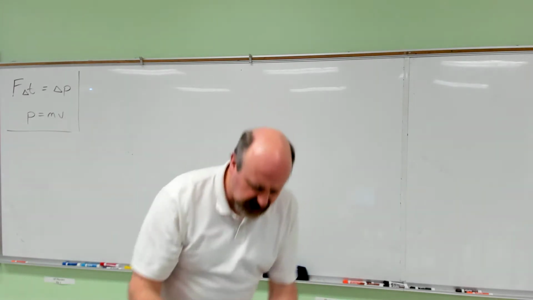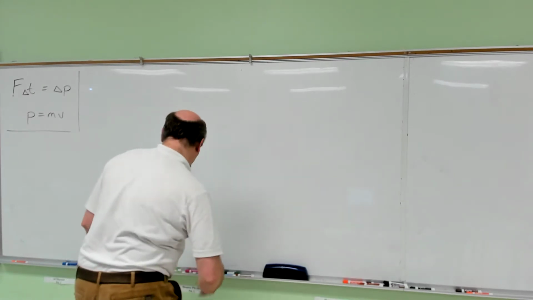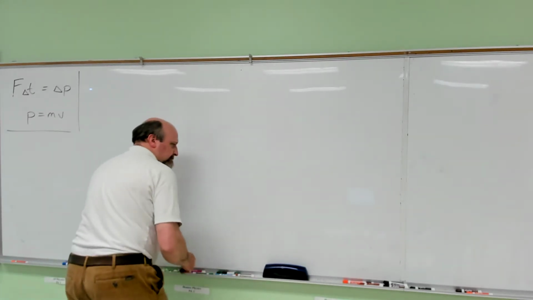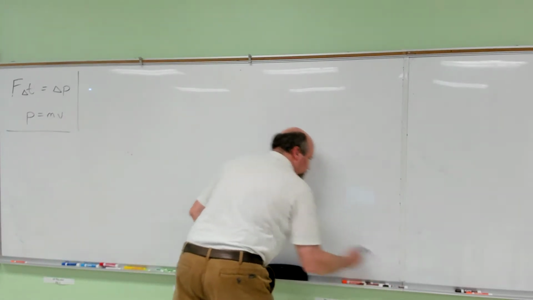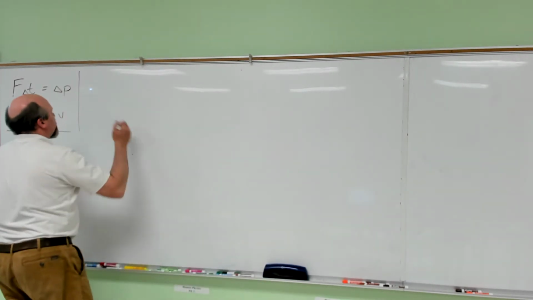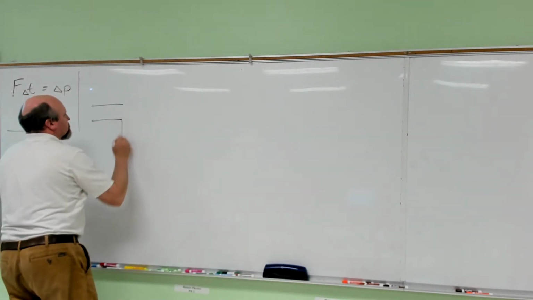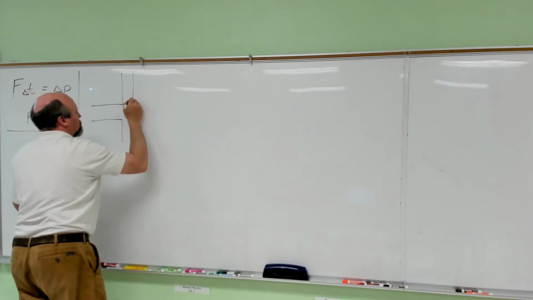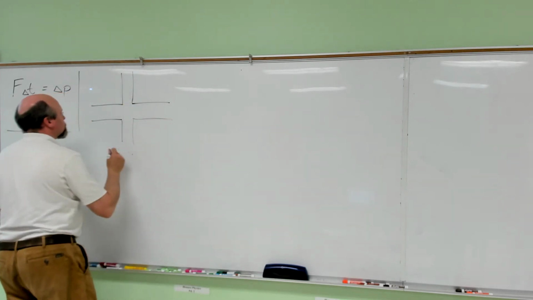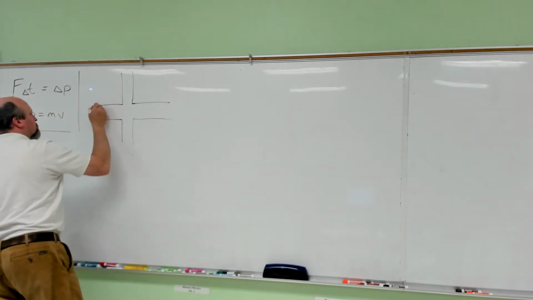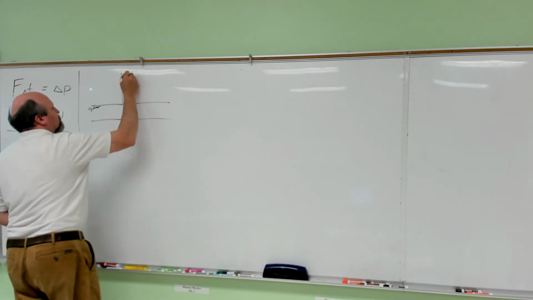Let's do that sketch. So say we have our intersection here. Here's Ogden and Eola, right?